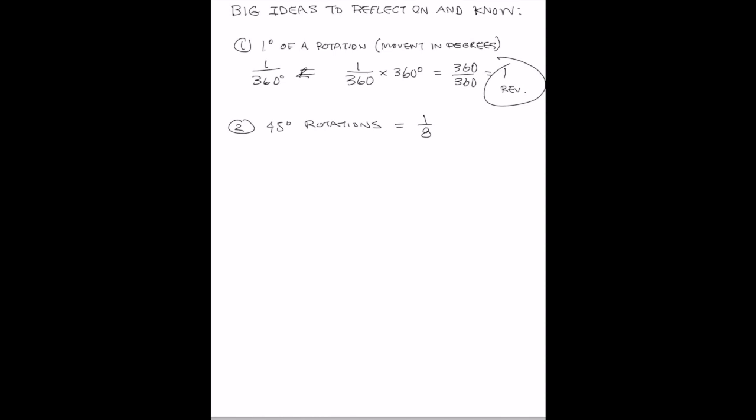So 1/8, 2/8, 3, 4, 5, 6, 7, and 8. So it would take 8 times 45 degrees. So 8 of these movements to equal 1 or 360 degrees. And that's 1 revolution. Okay?